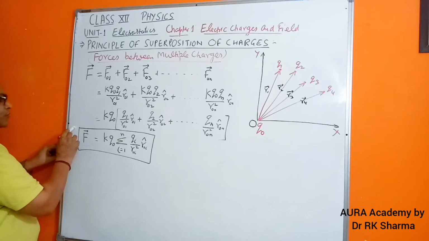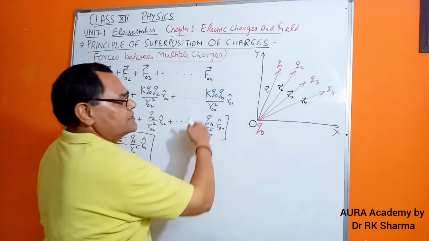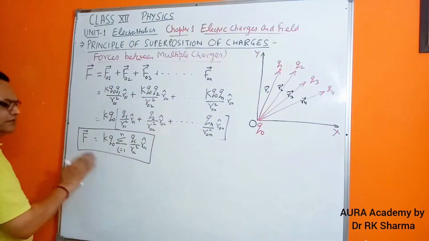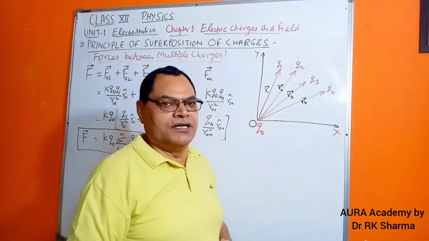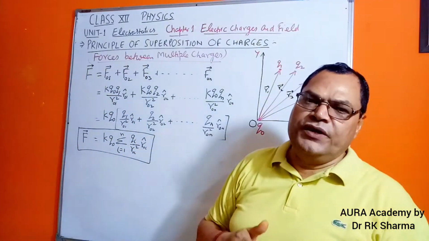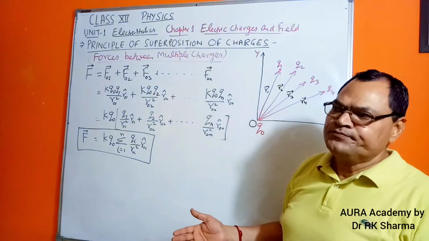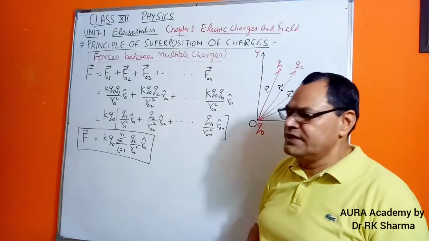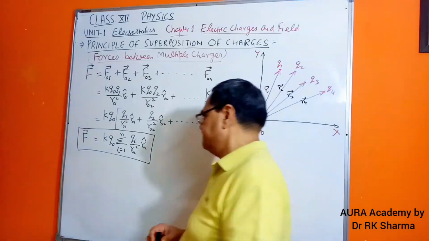So the total force at any point due to n number of point charges is the vector sum of all the forces and is given by this. This is the statement, and please remember, based on this we have very important questions. We will take them, and many of them are asked in your examinations as well as competitive examinations. Clear? So let's proceed.